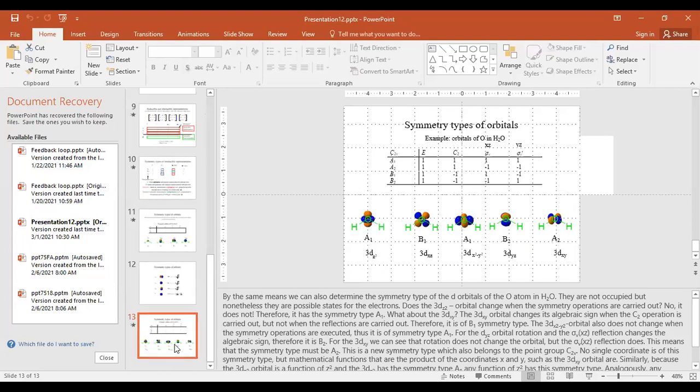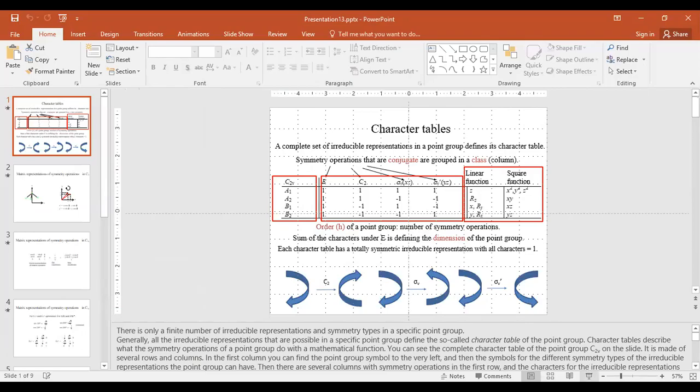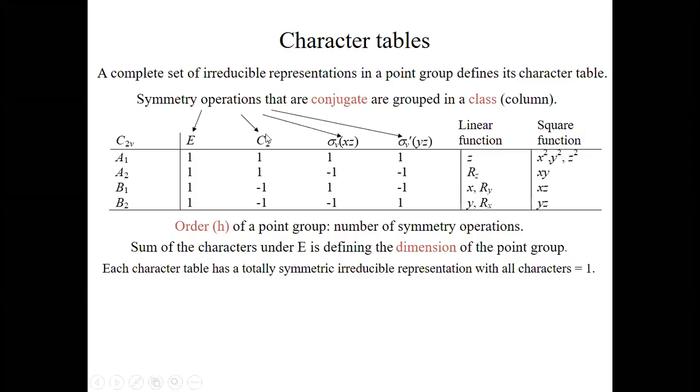And now I'm just switching the screen. You see here again the character table for the point group C2V, just like we saw before. And let's go through that character table systematically to understand all its properties.